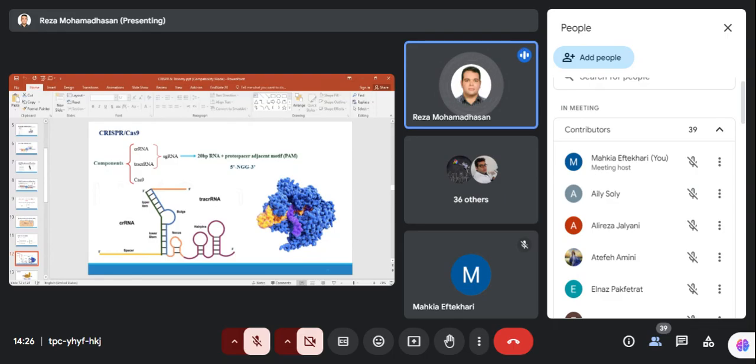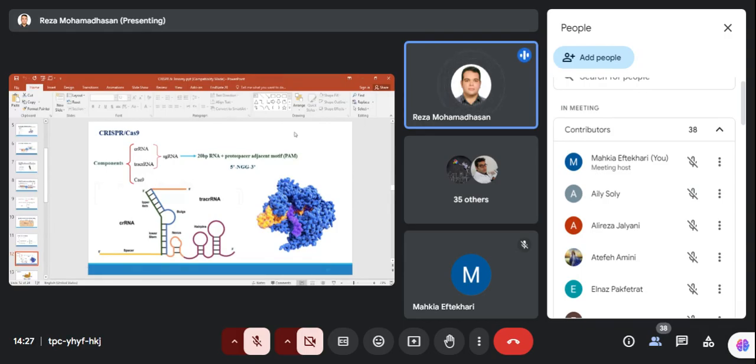The main components of the system are crRNA and tracrRNA, according to which we make sgRNA, or small guide RNA. That is about 20 base pair RNA, and also the protospacer adjacent motif that we know as PAM.